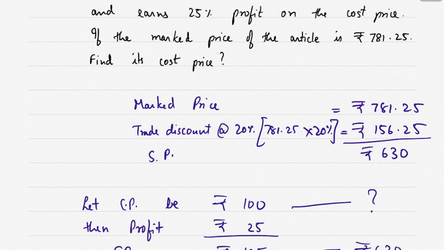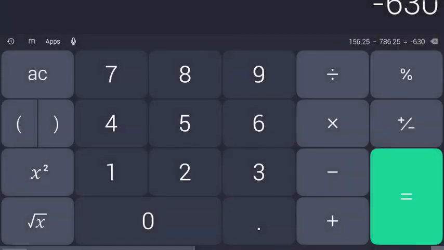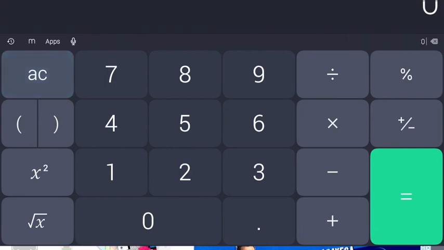Just a second, I have made a calculation error. 781.25 minus 156.25, I think it comes to 625. Yeah, I have made a calculation error.